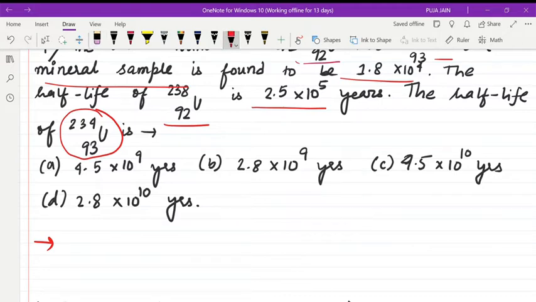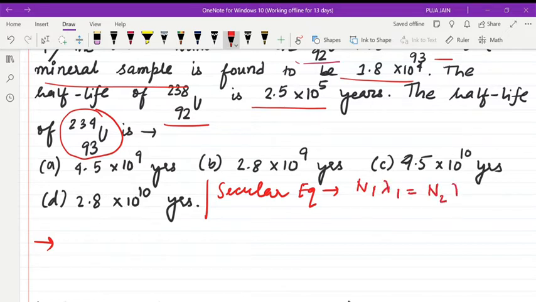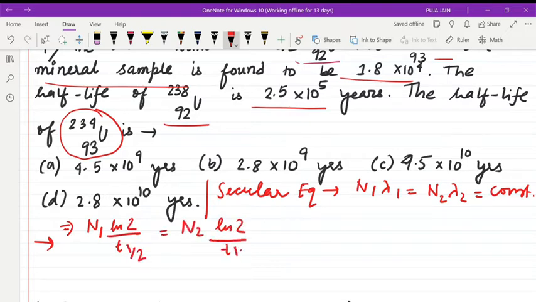The condition for secular equilibrium is N1 lambda 1 equals N2 lambda 2 equals constant. So this is the condition for secular equilibrium, and we will use it here. N1 lambda 1 is ln 2 by t half, and N2 lambda 2 is ln 2 by t half. I am considering 238 as 1 and 234 as 2.